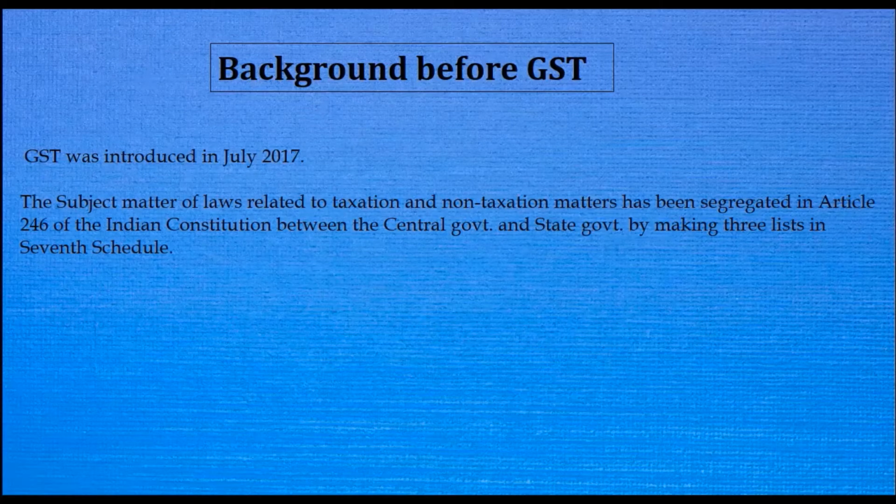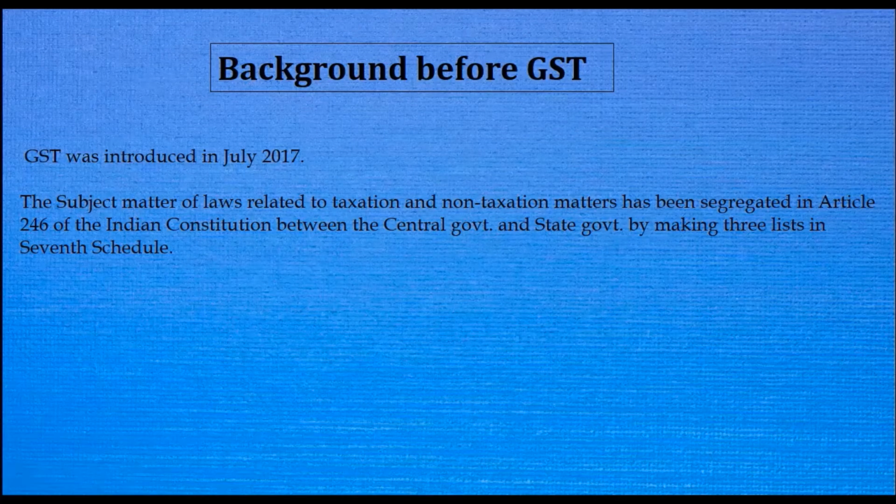The subject matter of laws with respect to taxation or non-taxation have been segregated in Article 246 of the Indian Constitution. Means Article 246 of the Indian Constitution specifically mentions the powers with respect to taxation, non-taxation matters, and to make laws by central, state government or concurrently by them, or the concurrent list.